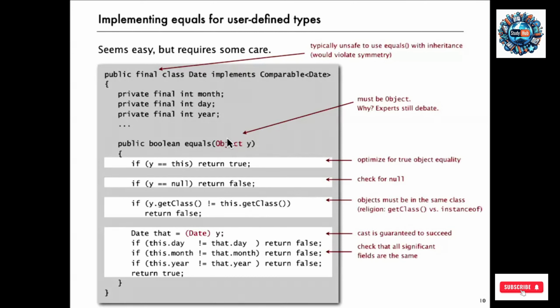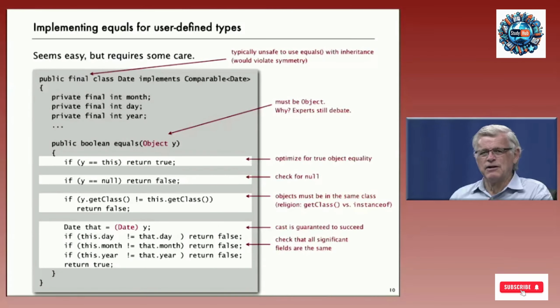Since y had to be an Object, now we have to cast it to a Date. And then it had better be the right class, otherwise it's not going to have these fields that we can test for. Those are details, but you can use this code as a model to implement equals for any data type that you might wind up using as a symbol table key.